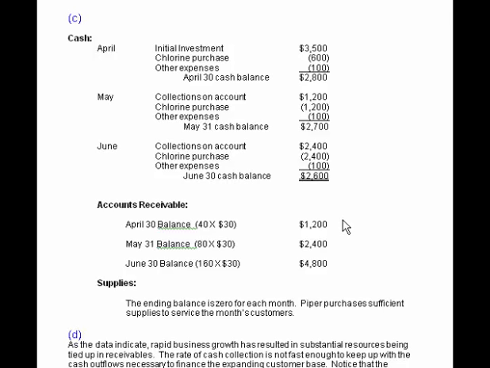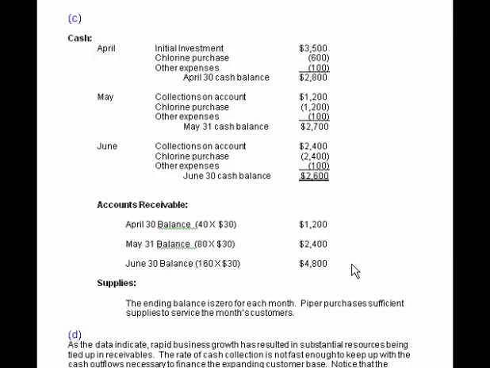Now, with accounts receivable, at the end of April 30th, we are owed the 40 customers times $30 each of $1,200. Now, during May, the outstanding balance would be the 80 customers where we did some pool services. They haven't paid us yet, times $30. So that's $2,400.